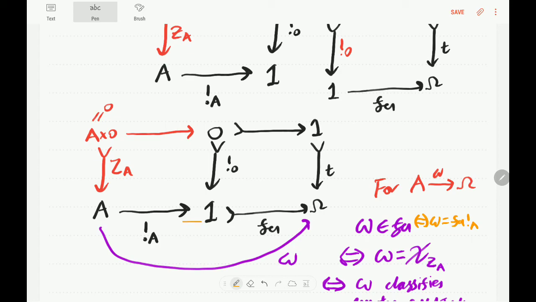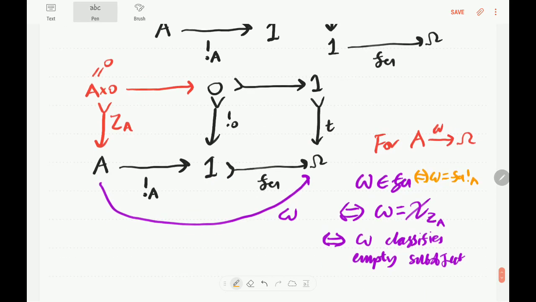On the other hand, W is the only arrow the pullback of true along which gives ZA. So there we are.